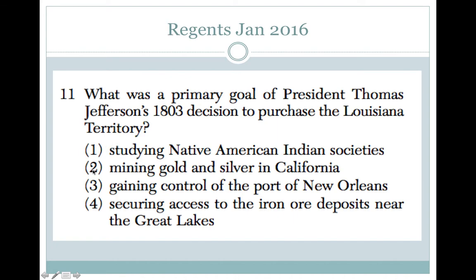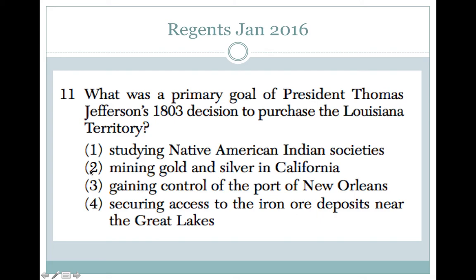Mining gold and silver. Sounds good. Gold and silver is good, right? 3, gain control of the Port of New Orleans. Now, the Port of New Orleans is by the Gulf Coast. That sounds good, too. Securing access to iron ore deposits in the Great Lakes. We know that the Louisiana Purchase was a little west of most of the Great Lakes, so that's not it.